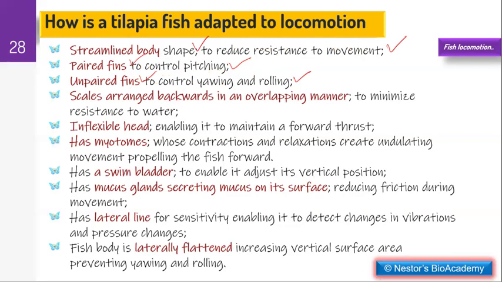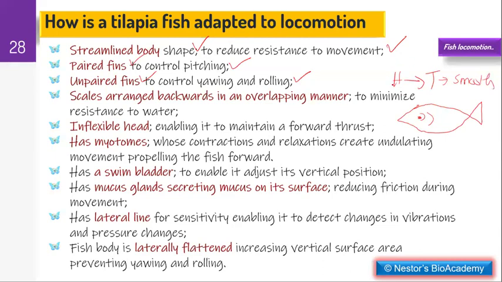Then again, if you were to stroke a fish, assuming this is your fish, you will realize that if you stroke it in the direction from the head towards the tail, it will always be smooth.